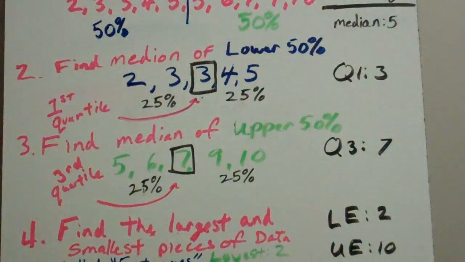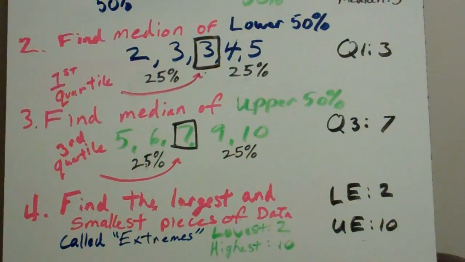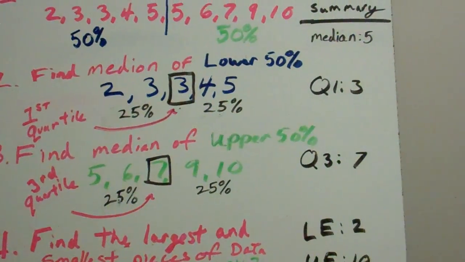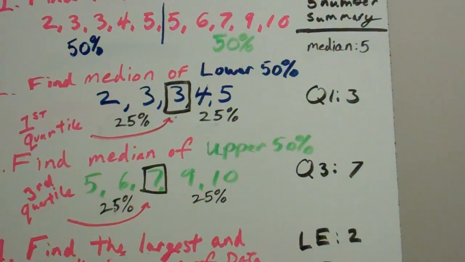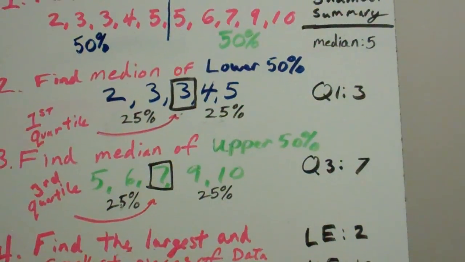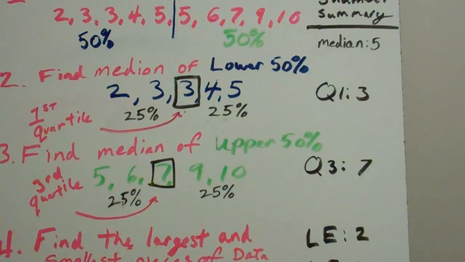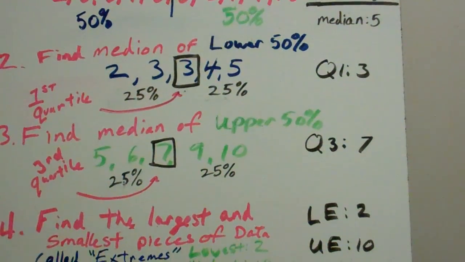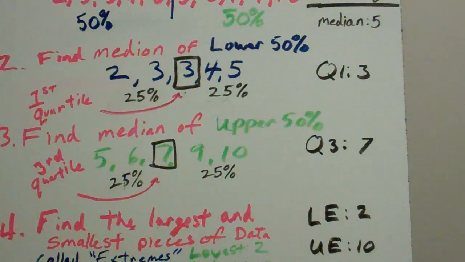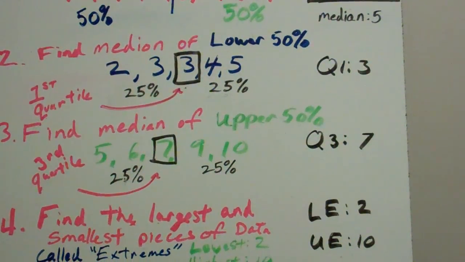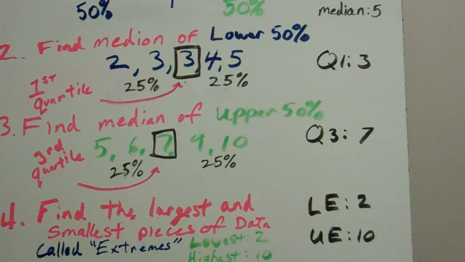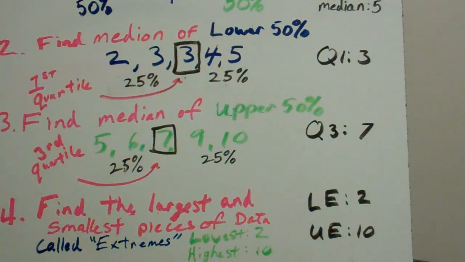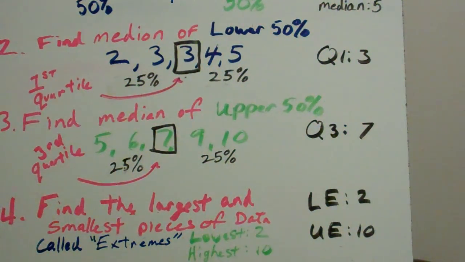So the lower extreme, or the LE, is 2, and the UE, or the upper extreme, is 10. And so if we look at the right here, we have our 5-number summary, which is our median of 5, our first quartile or Q1 of 3, our third quartile of 7, our lower extreme of 2, and our upper extreme of 10. And we're going to use those numbers to drive the creation of our box and whisker plot.